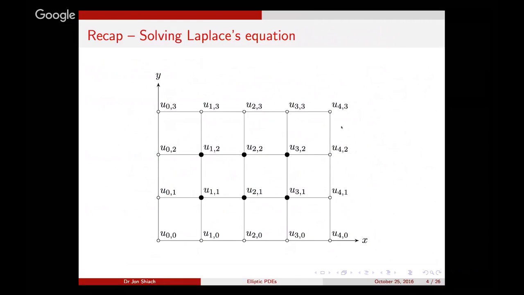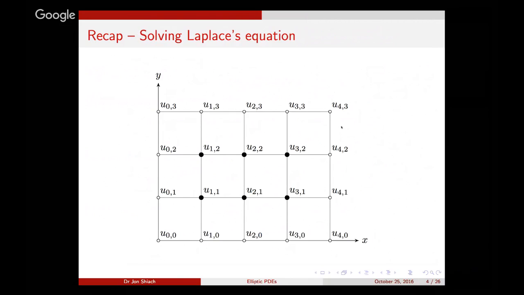Okay, we looked at this sort of simplified example. So here I've got a two-dimensional domain, and I've got 5 nodes along the x direction and 4 nodes in the y direction. And notice the node numbering convention here. The first number in the subscript relates to its position along the x direction, the second number, position along the y direction.